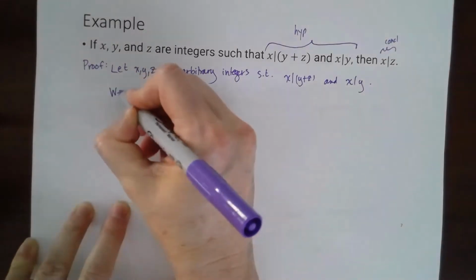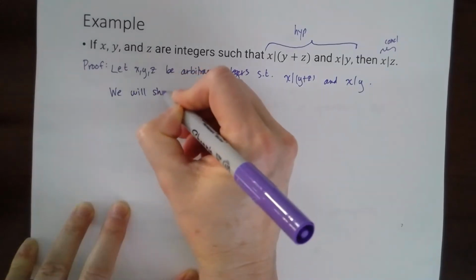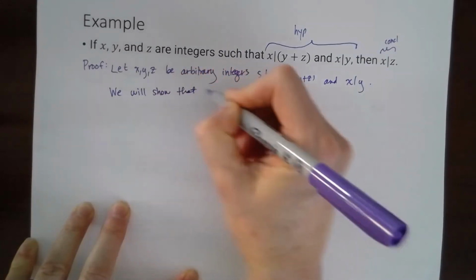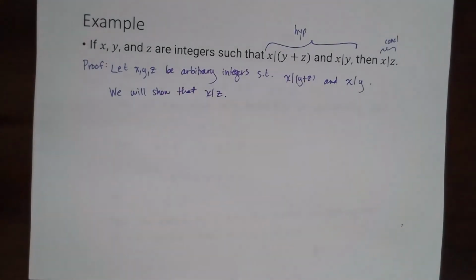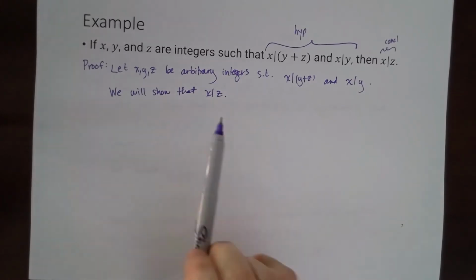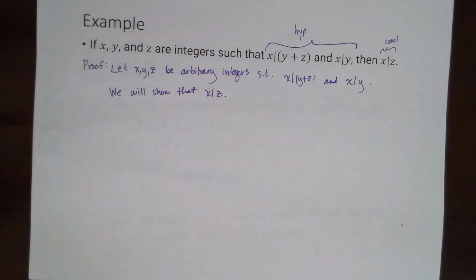Okay. And then we will show that x divides z. Again, not everybody puts that statement in proofs, but it is a nice reminder to you and the person reading it that as soon as I see this, I know I'm done.